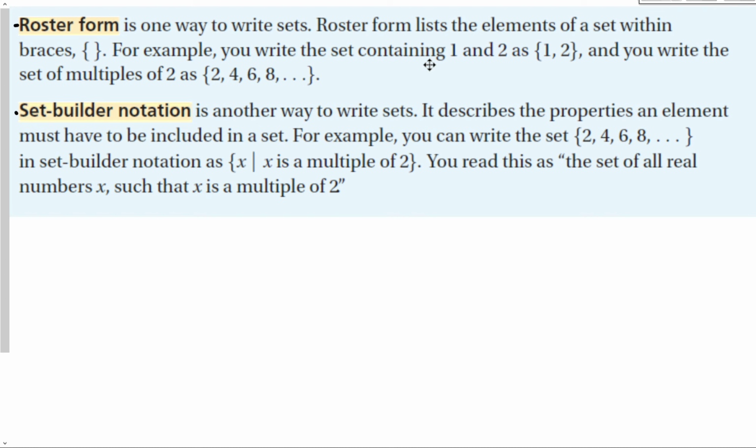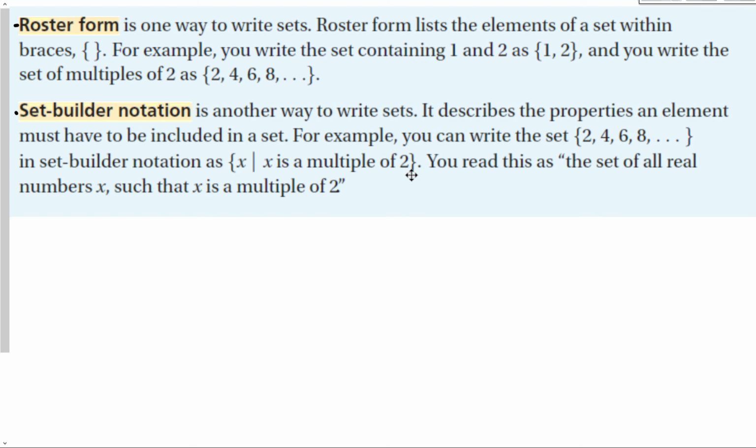Set builder notation is another way to write sets. It describes the properties an element must have to be included in the set. For example, we can write this set of 2, 4, 6, 8 continuing in set builder notation as this right here.